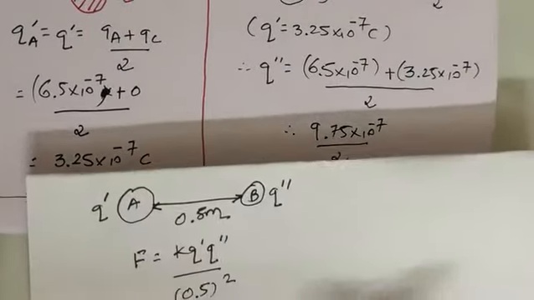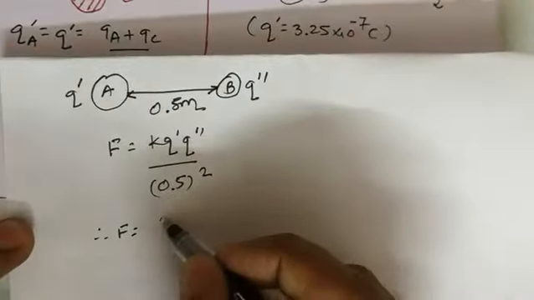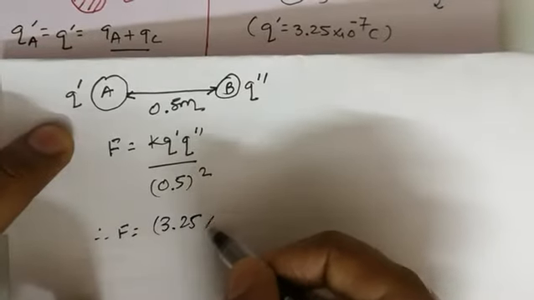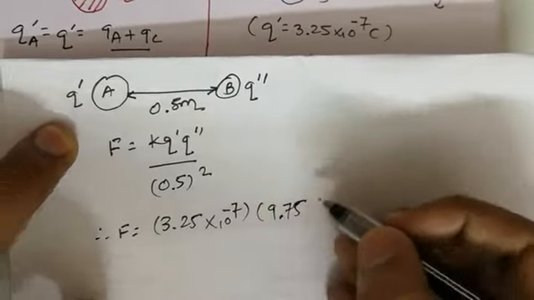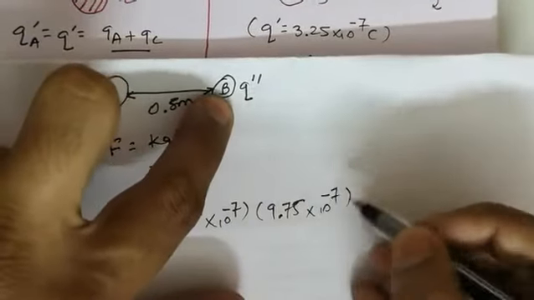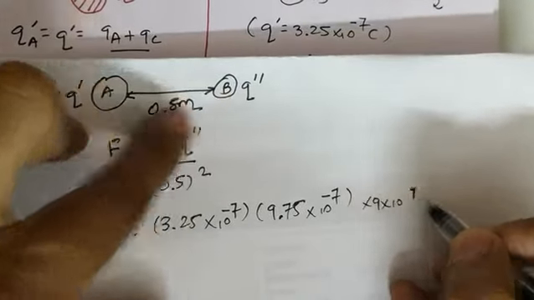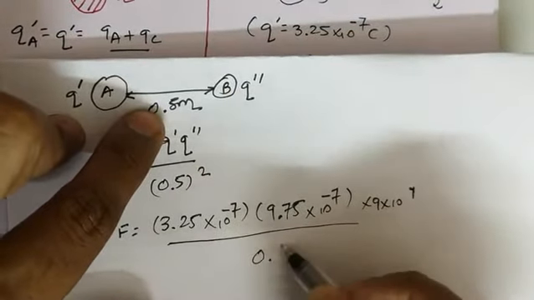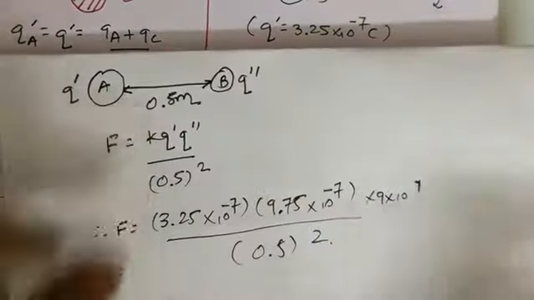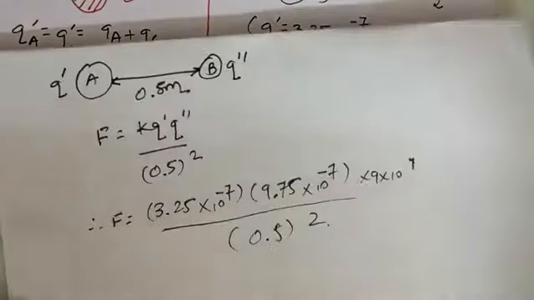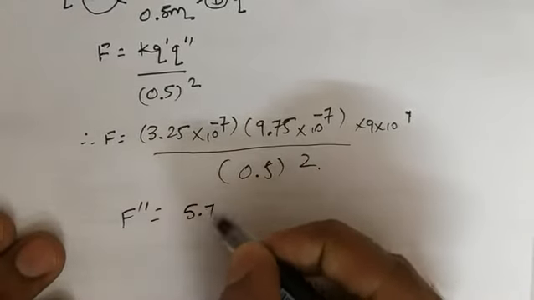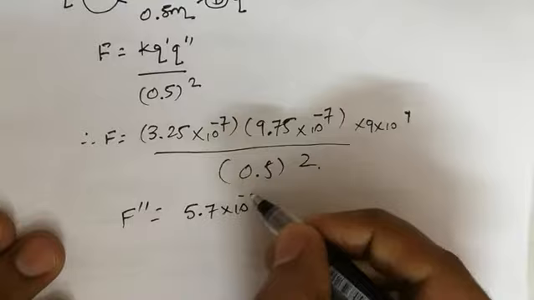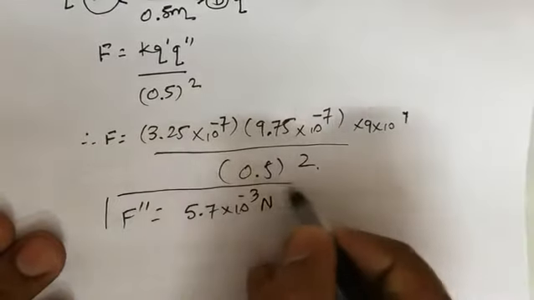F equals our previous value of Q dash, 3.25 10 to the power minus 7, into 9.75 10 to the power minus 7, 9 cross 10 to the power 9, divided by 0.5 its square. So it is giving you the answer of F double dash equals 5.7 cross 10 to the power minus 3 newtons.